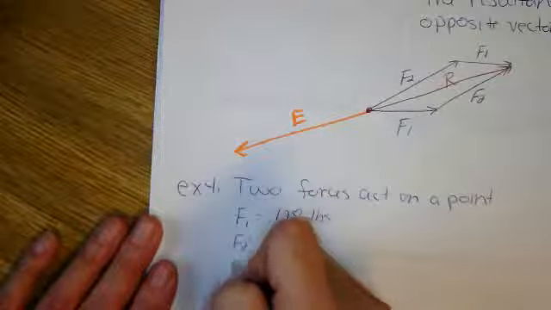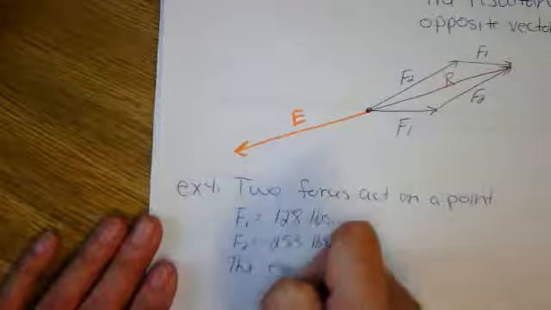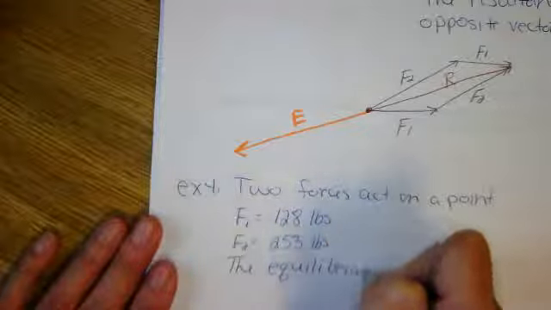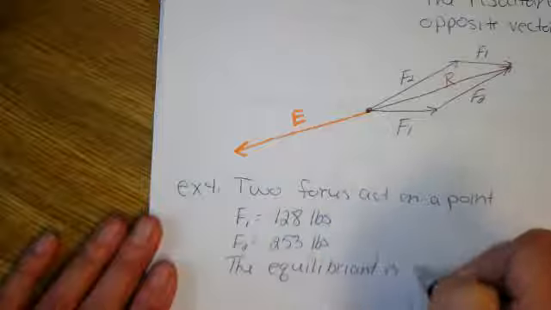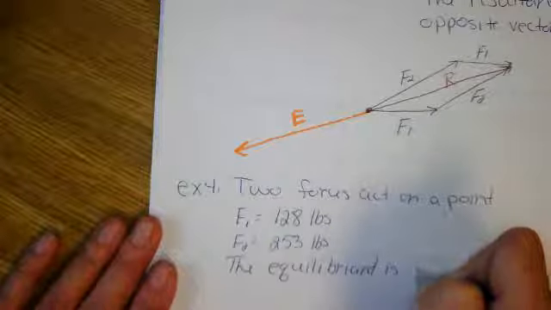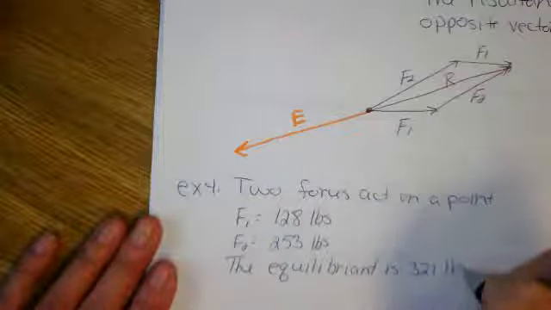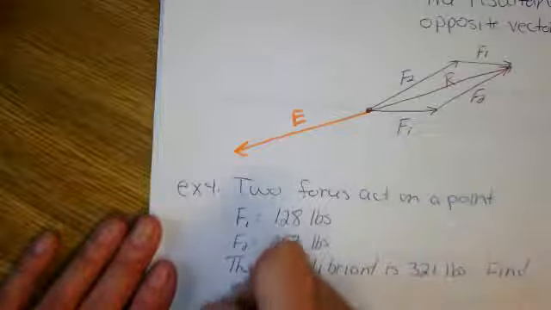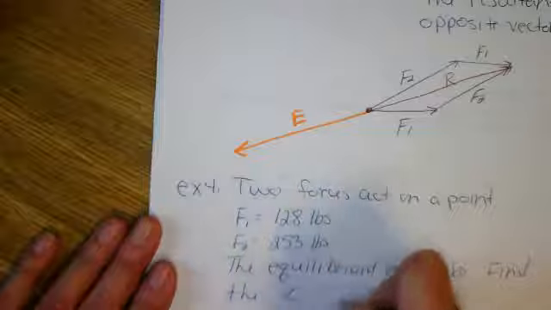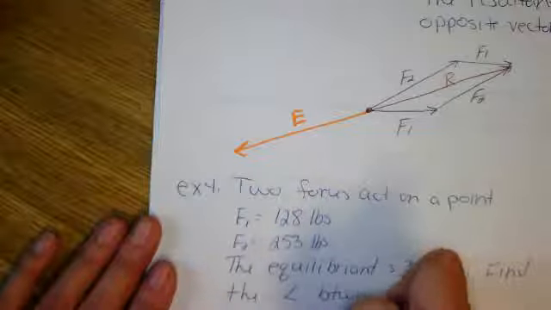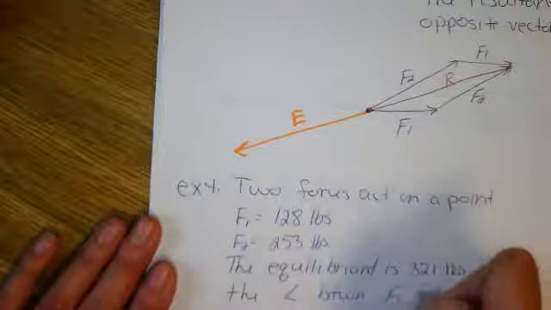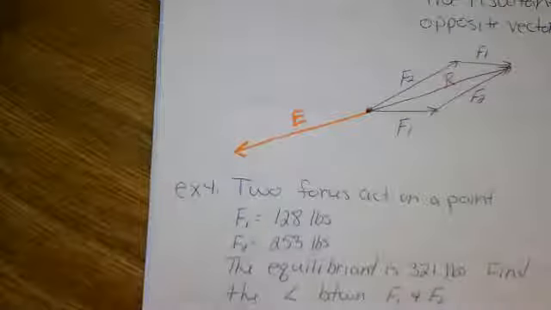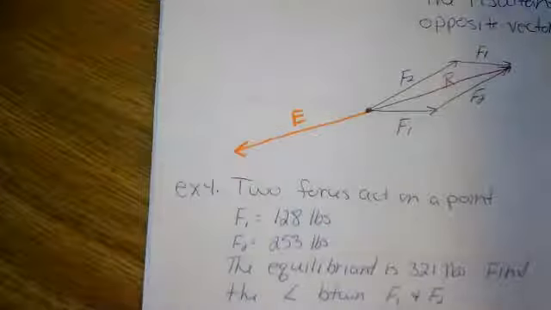The equilibriant is 321 pounds. Can you find the angle between force 1 and force 2? So we're looking for that original angle between the two ropes attached to the crate.